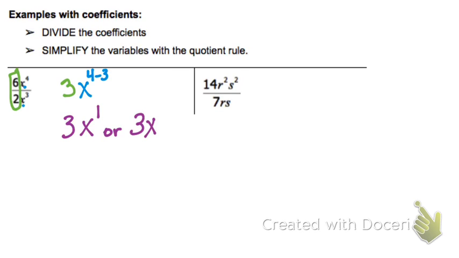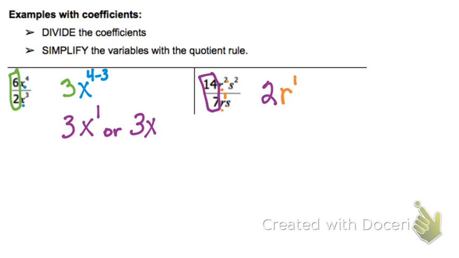It's just 3x. And then here, I have 14 divided by 7. I can divide those. And then if I look at the r's, I have r to the second power, and then just 1 r. So that's just r to the first power. So it's r to the 2 minus 1, which is 1.